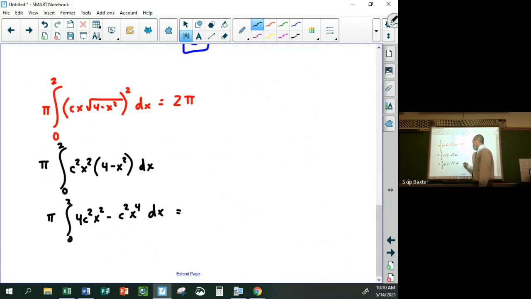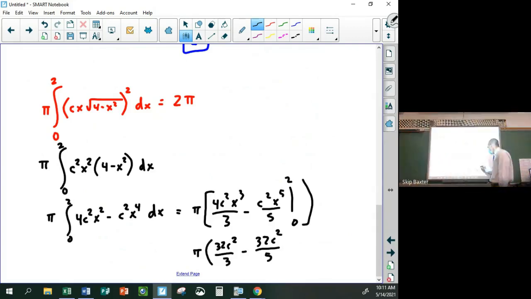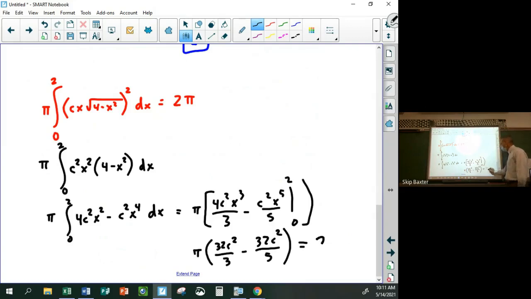So when you integrate that, you get pi times 4c squared x cubed over 3 minus c squared x to the 5th over 5 from 0 to 2. You just plug in 2, plug in 0, which is just going to give you 0. So if I plug in 2, I get pi times 32c squared over 3 minus 32c squared over 5. And that has to equal 2 pi.